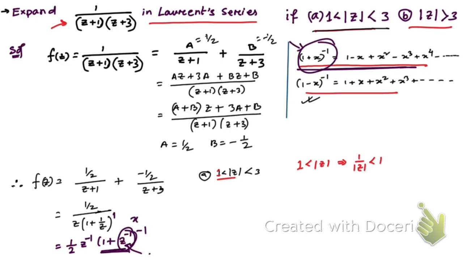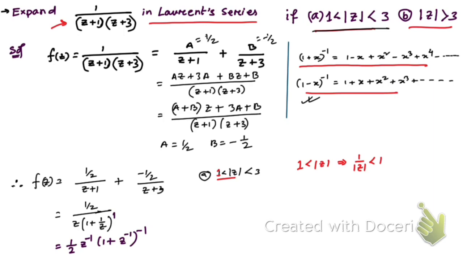If you compare with this expression, you have to make this less than 1. It doesn't matter whatever you take here, z to the power minus n or z to the power something, it may be 2 by z or z by 3, something else, depending on the expression. Hope you have understood this.